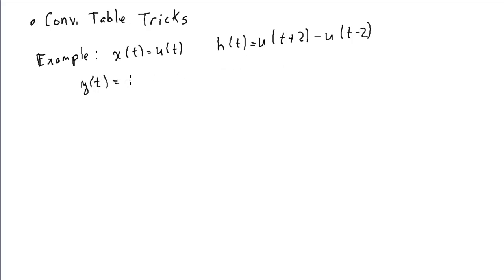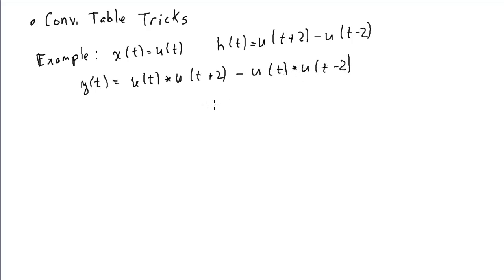Convolution distributes across a sum or difference, so I can write y of t is equal to u of t convolved with u of t plus 2 minus u of t convolved with u of t minus 2.